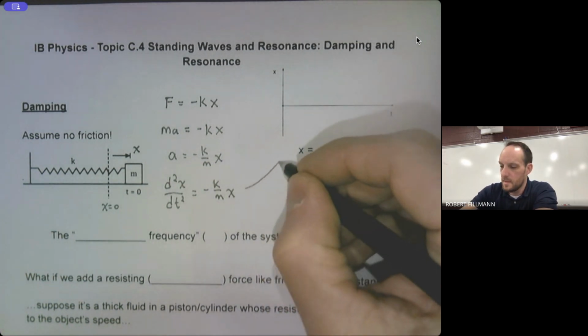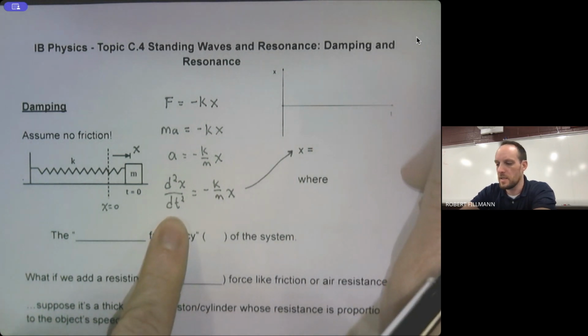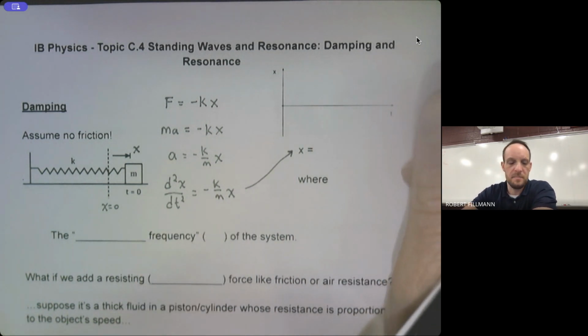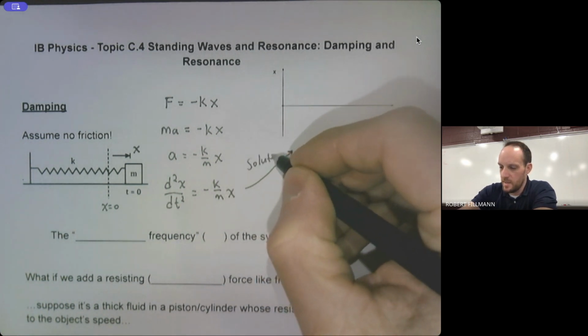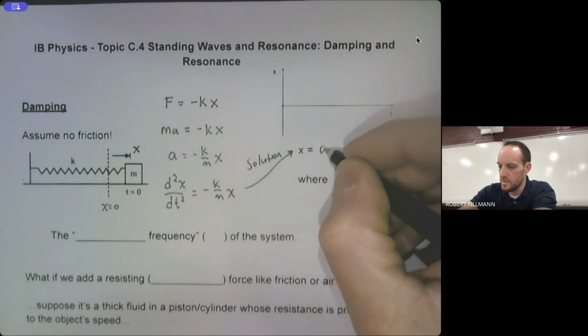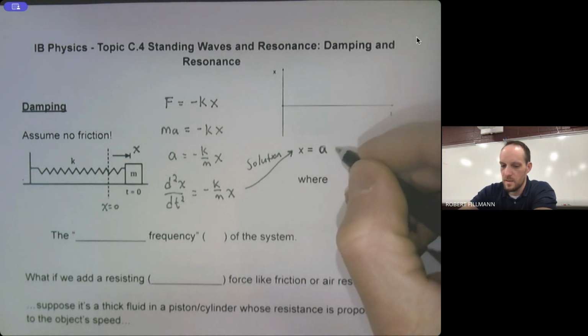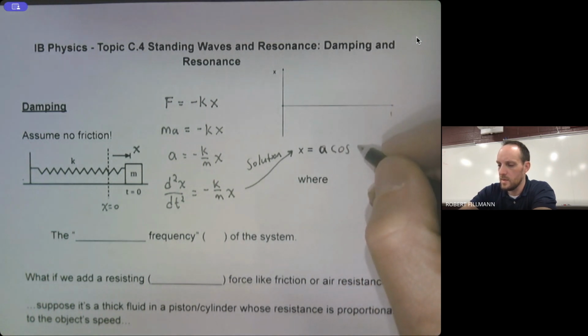This is called a second order differential equation because it has the second derivative and the function in it. Again, we're just doing some hand waving here, but the solution is the familiar equation for simple harmonic motion: x is equal to A cosine omega t.